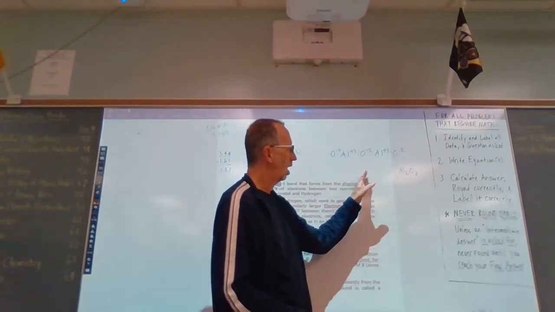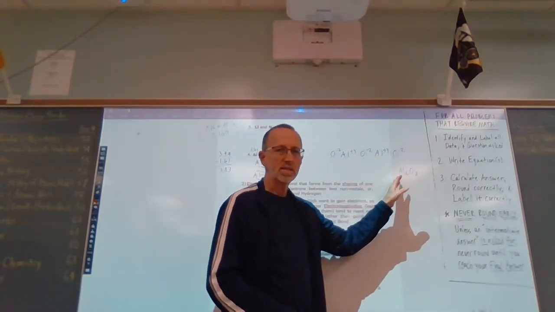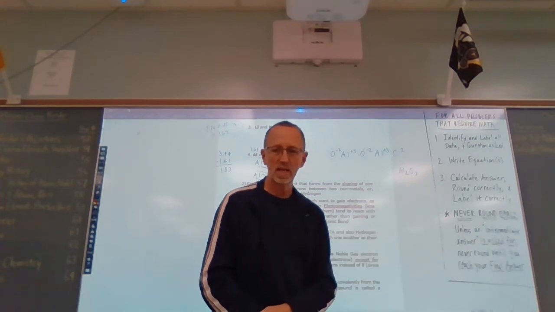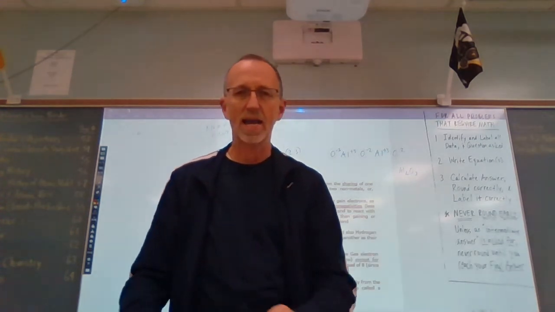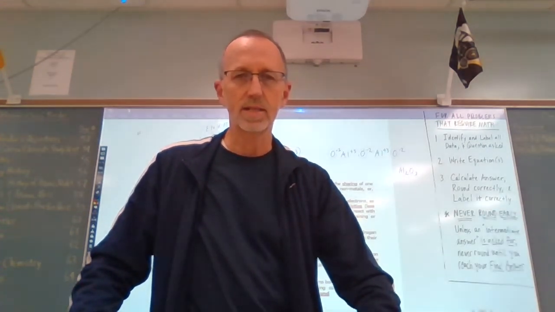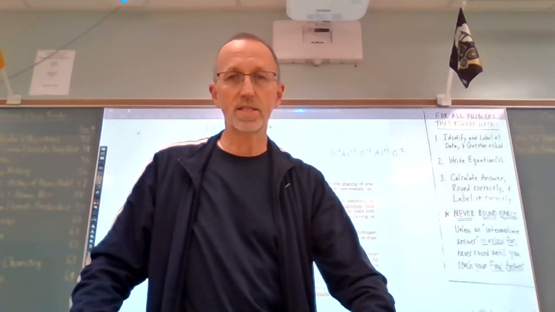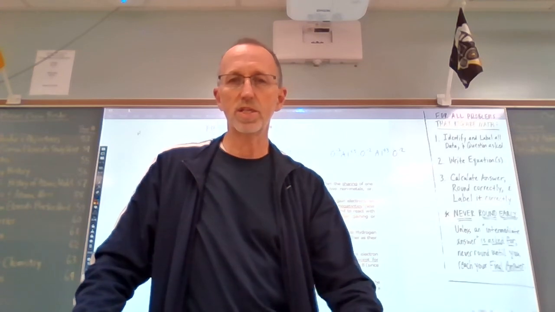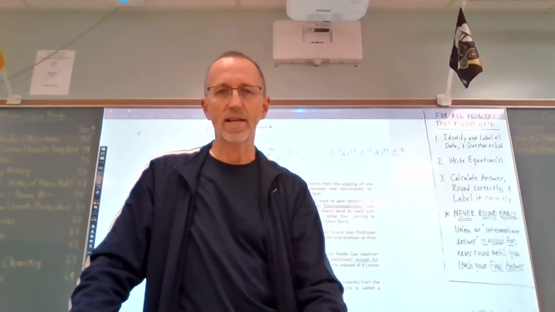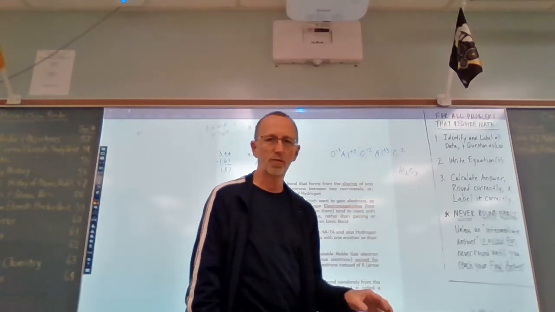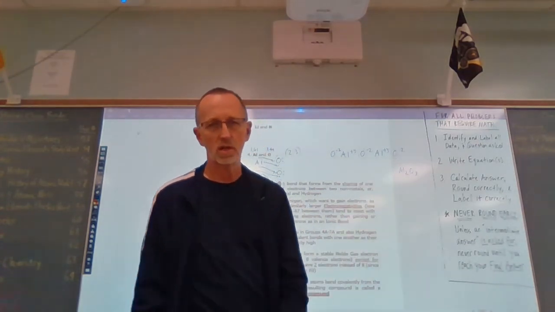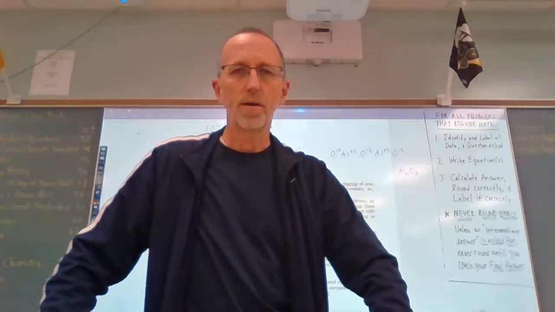The metal or the positive ion is always written first in a chemical formula, followed by the non-metal ion. So metal first, non-metal following. That's the way you always see it in an equation. That's the way you always write it. And again, in a regular chemical formula, the dots and the charges for ionic compounds are removed.